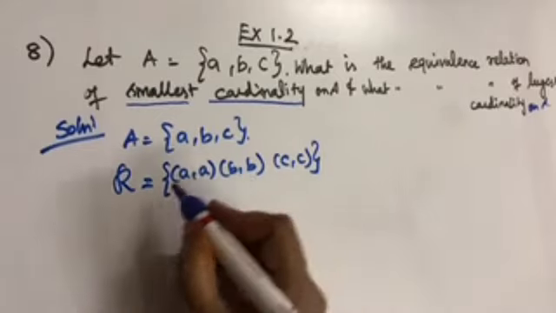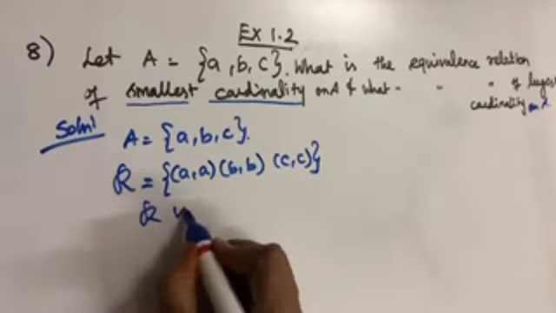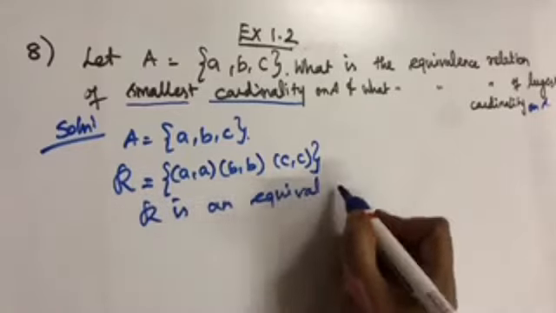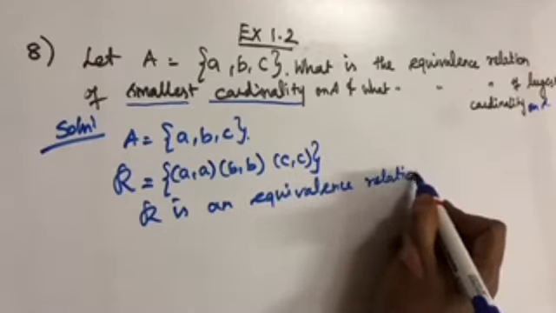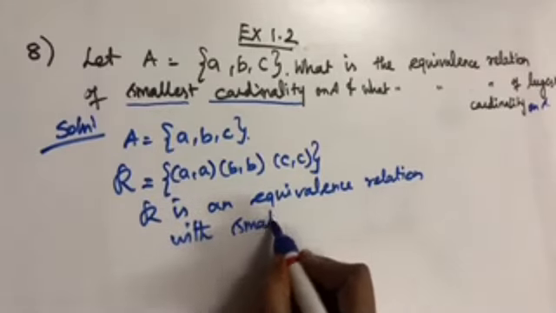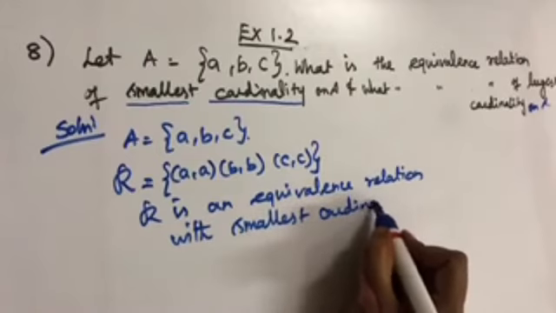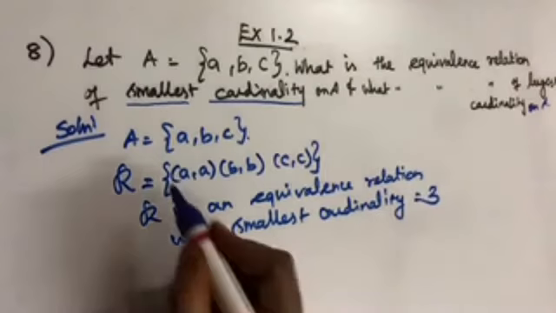So no need to prove that also. So here R is an equivalence relation. With smallest cardinality, what is it? 3. Cardinality means the number of elements. With smallest cardinality, 3. R1.